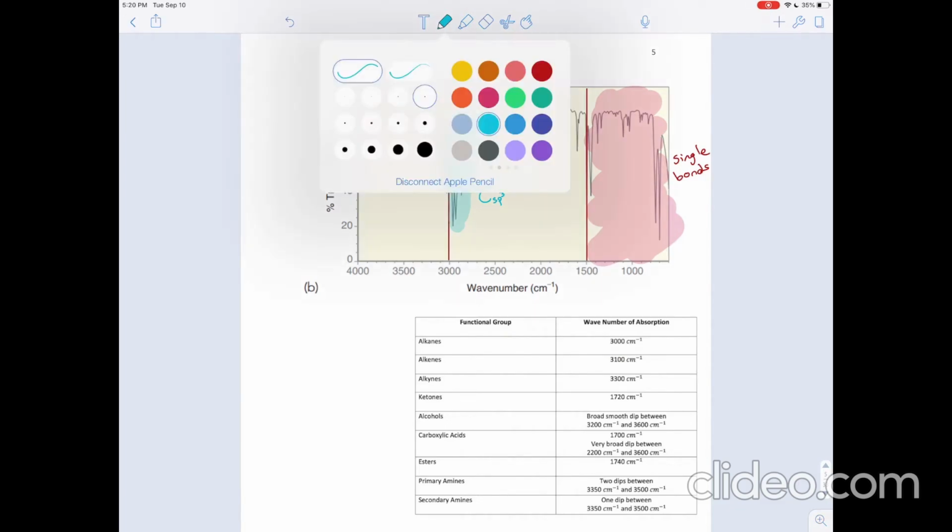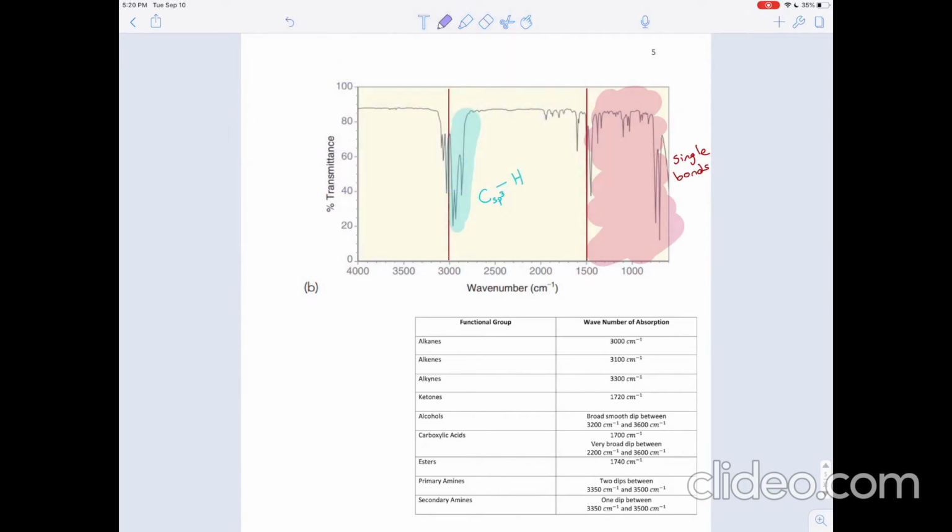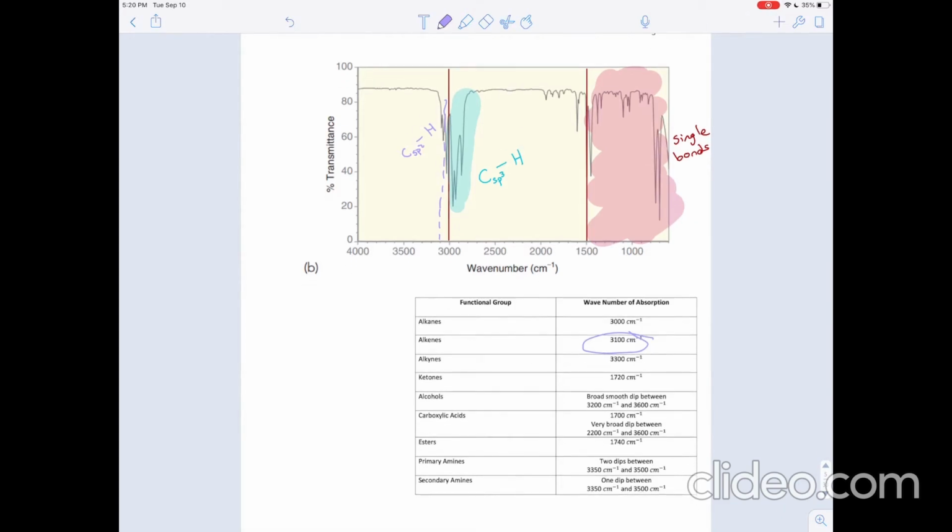You'll notice that we have another peak right here at around 3100. It's splitting into a few pieces, but we have another peak right there. And that, at 3100, is an alkene. That is representing an sp2 hybridized carbon to hydrogen bond. Notice that you have to have a hydrogen on the alkene for that to be absorbed.